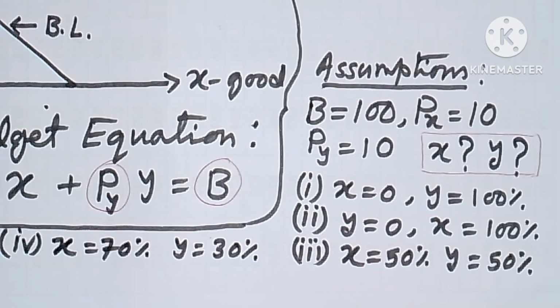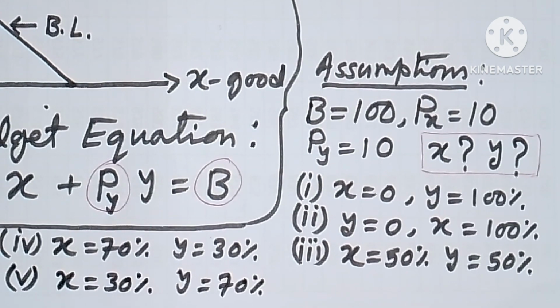The fourth situation is that X can be greater than Y. That is, the maximum of his income he spends on X good and a very small amount on Y good. Here we have shown 70% he is spending on X good, that is 7 units of X can be purchased and 3 units of Y can be purchased to exhaust the total budget.